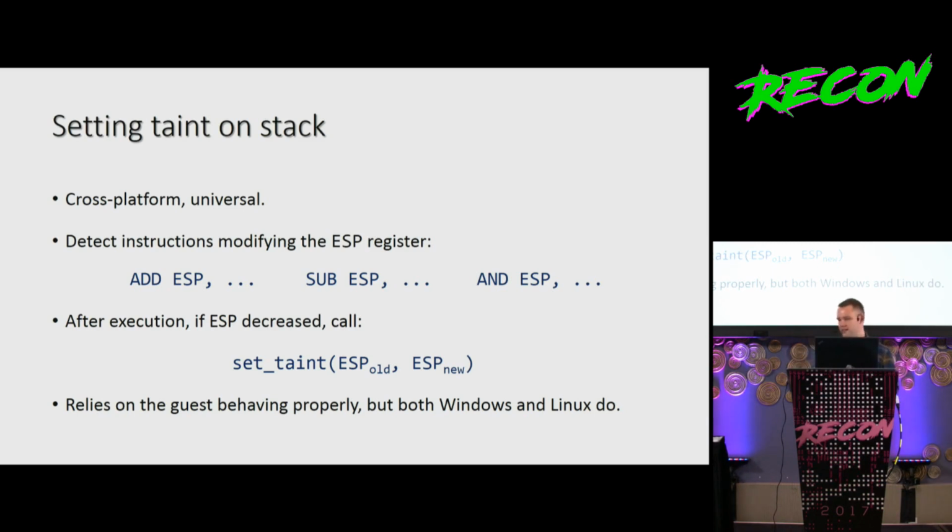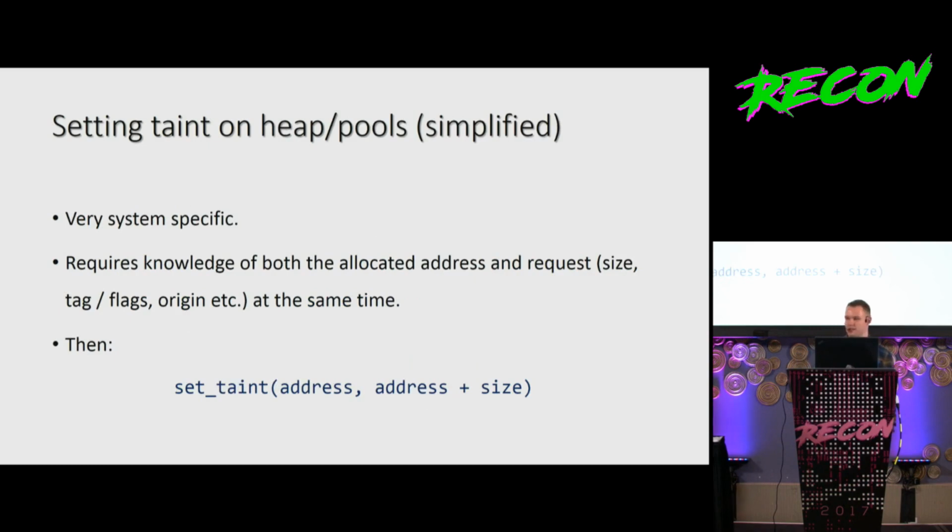If that is the case, then we set taint on the whole memory region that was created by subtracting ESP. This, of course, relies on the fact that the guests behave properly and never reference ESP with a negative offset and stuff like that. But it turns out that both Windows and Linux do, and they don't have any problems with that.